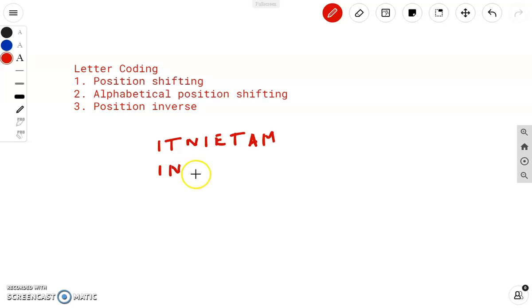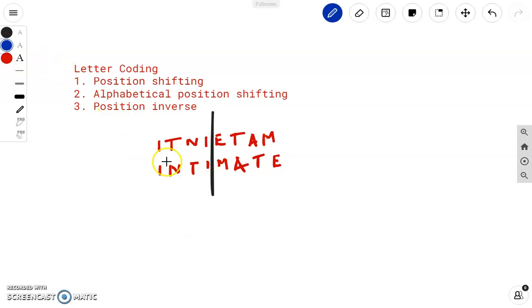I N T I M A T E. If you divide these two in a certain particular manner, you can easily see that on every side it is just the mirror.